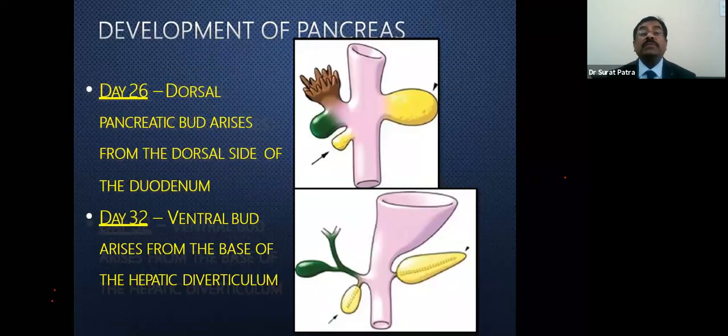Coming to the development of pancreas, on day 26, the dorsal pancreatic bud arises from the dorsal side of the duodenum. On day 32, the ventral bud arises from the base of the hepatic diverticulum.